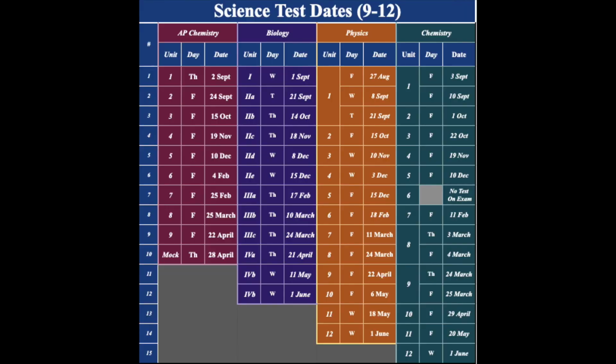Yours would be the first set of columns, and you'll have there your 9 units, and then the mock exam is the last, and that's on April 28th, and then the AP exam starts the following week.